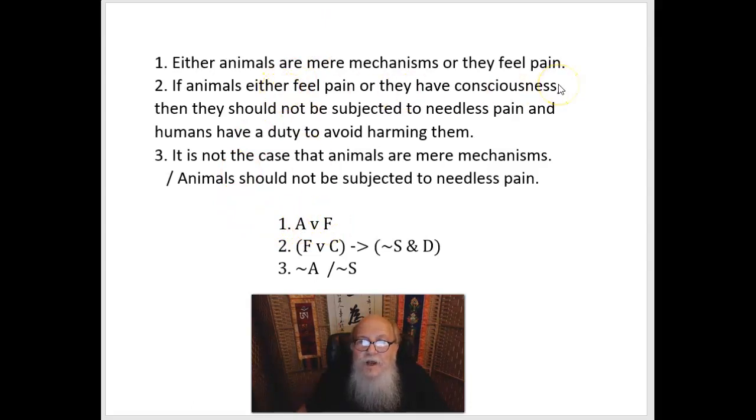If animals either feel pain or have consciousness, then they should not be subjected to needless pain, and humans have a duty to avoid harming them. 3, a very simple one, it's not the case that animals are mere mechanisms. So our conclusion, not S, animals should not be subjected to needless pain.